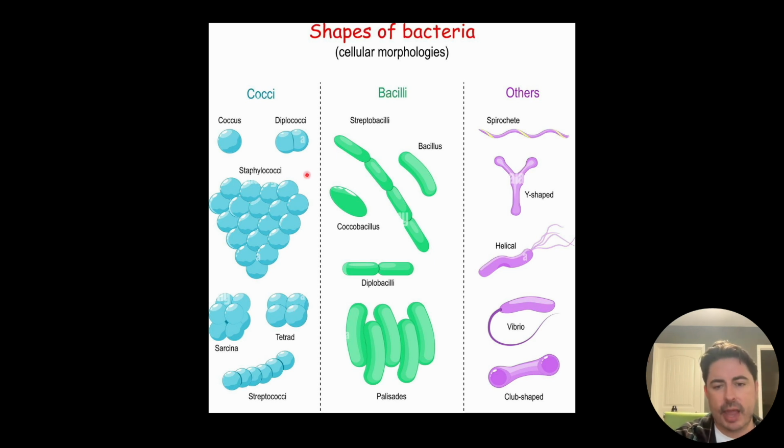The next thing that we have is this rod shape. This rod shape is what's called bacilli. And again, we can have the pairs, we can have a line of them, they can be by themselves. So depending on what you see under a microscope and how the bacteria and the cells are shaped will help us understand what's going on.